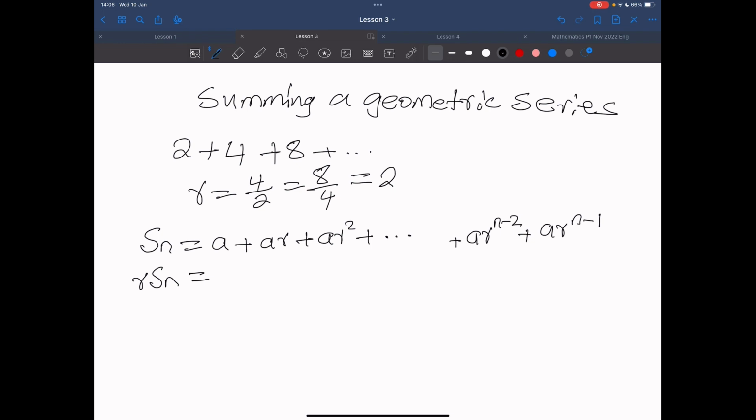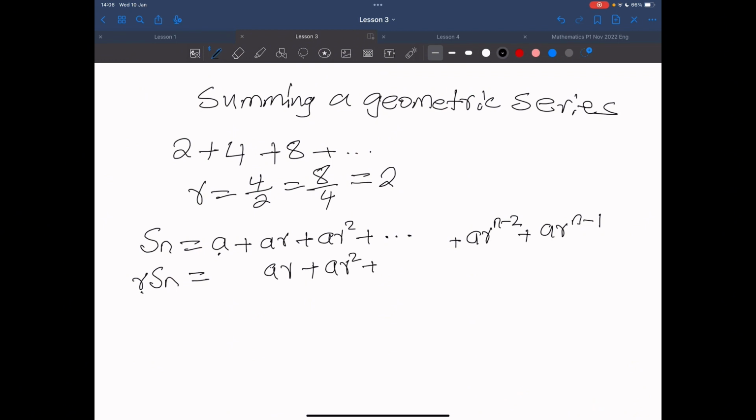Now r multiplied by a gives ar. Let's put it below the ar, and then we have ar plus ar squared.